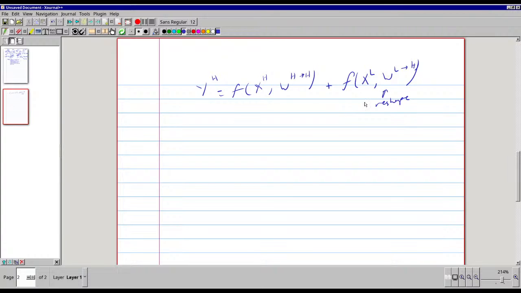So this part is going to be 1 minus alpha C out, and this is alpha C out, which is YL.